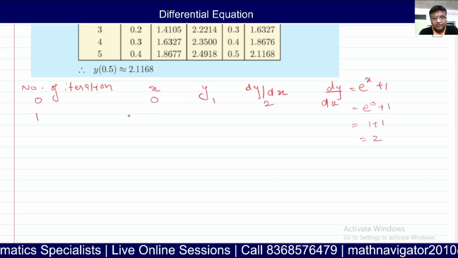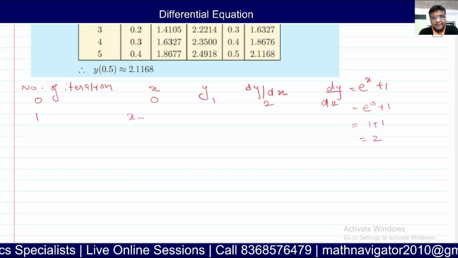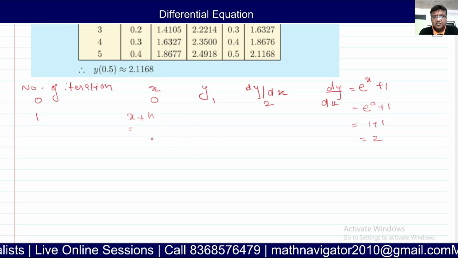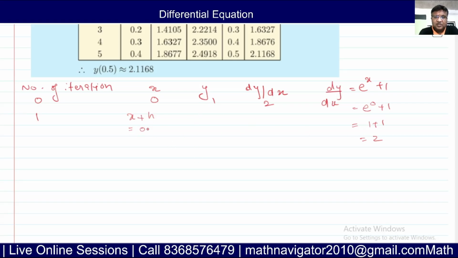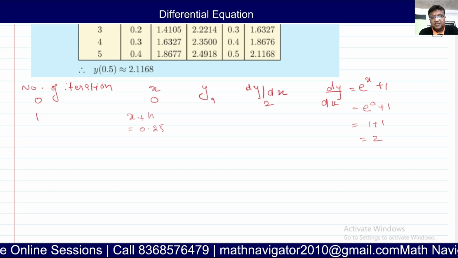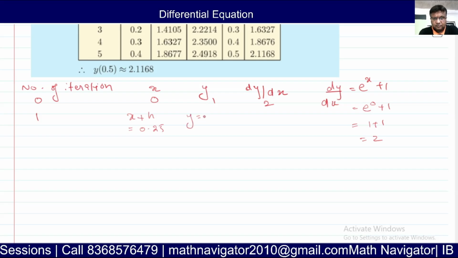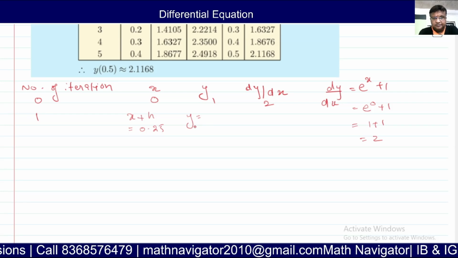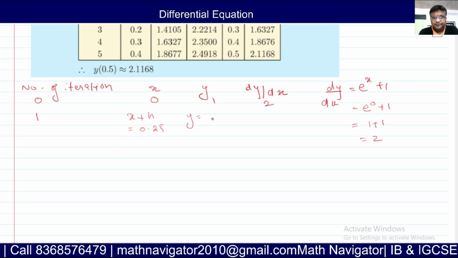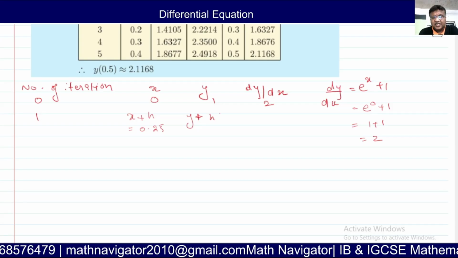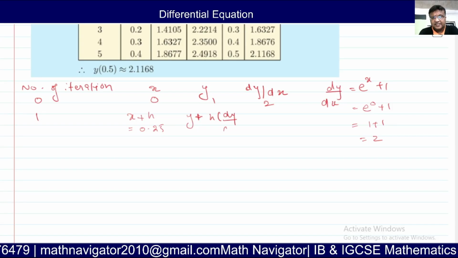In this you have to do x plus h. So x plus h is equal to what? 0 plus 0.25, so this will give me 0.25. And y becomes y plus h times dy by dx.